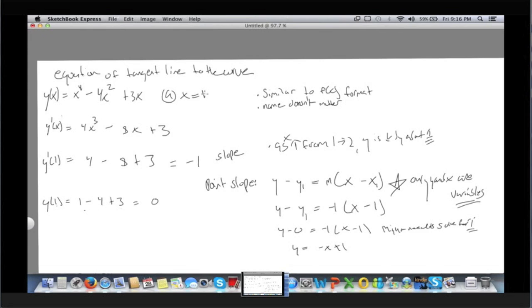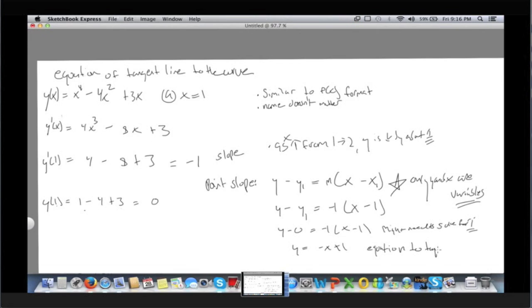Why did we even bother figuring out that equation, y equals negative x plus 1? Oh, because we're trying to find the tangent line. So what does the equation represent? The tangent line to the curve y of x.